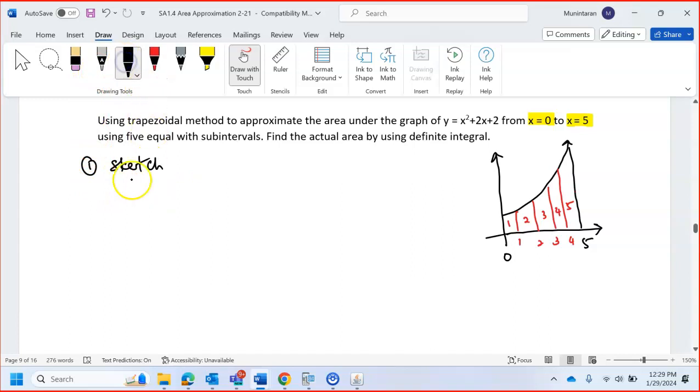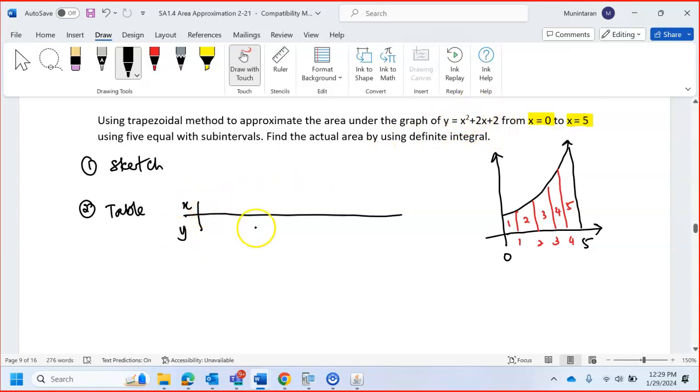To make our life easier, step number 2, you would have a table of values. The table of values here would be taking your x and your y is actually the function.